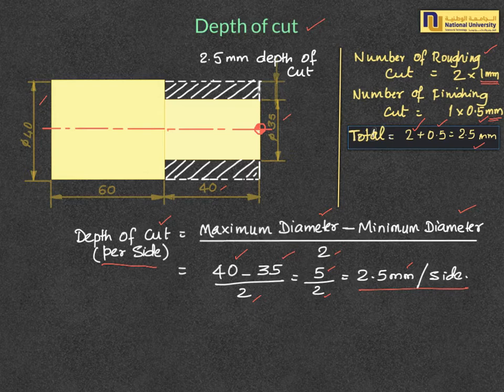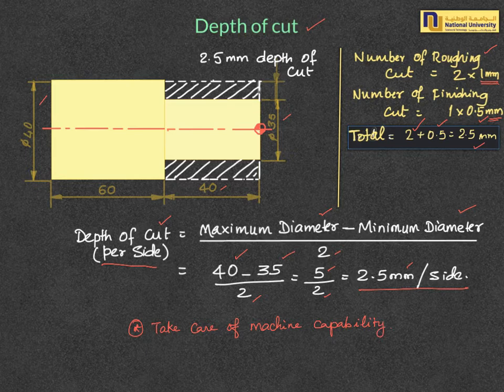One important thing while calculating the roughing and finishing cuts is to take care of machine capacity. Machine capability. If the machine is not able to cut 1 millimeter, we cannot take a rough cut with 1 millimeter.